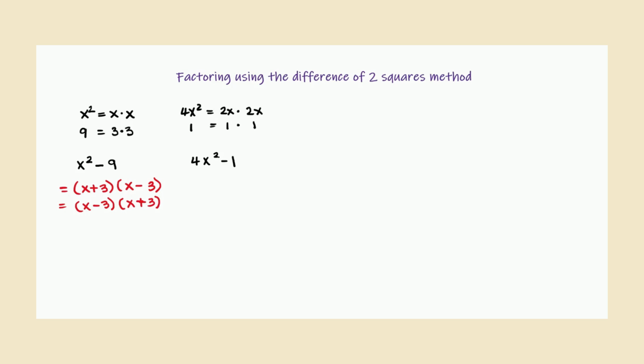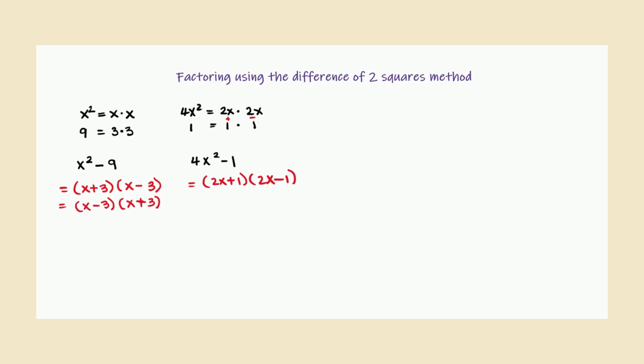So just keep that in mind. This is a common square that is overlooked, and sometimes we may not get to the right answer because we don't recognize that. So it is 2x plus 1, 2x minus 1. And again, it doesn't quite matter if you put the subtraction sign first or the addition sign first.